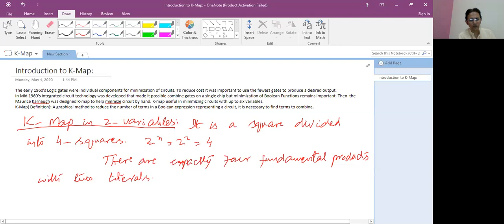Therefore: x y, x complement y, x y complement, and x complement y complement.